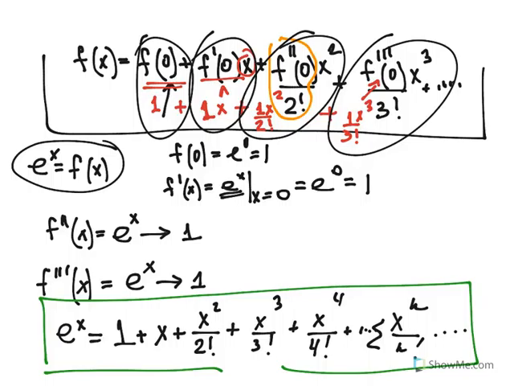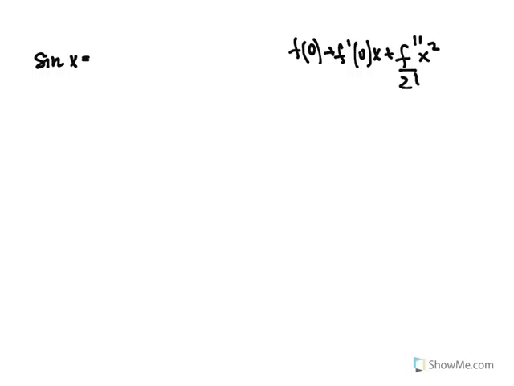All right, now let's try to derive sine of x. So it's the same idea. I'm just going to put right here, f of 0, f prime, f double prime, but then it goes x squared over 2 factorial, f triple prime, x cubed over 3 factorial, and so on.